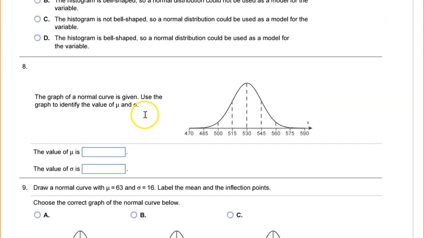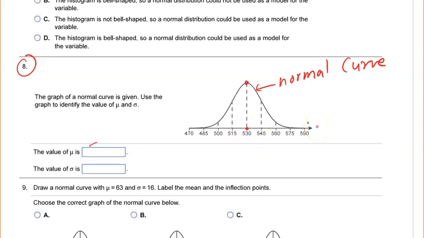Okay. Question number 8. The graph of the normal curve is given. This is the normal curve, not the standard normal curve, because we have data here and the mean is 530, not 0. If the mean is 0, this is called the standard normal curve, as you know before. And what's the value of mu? Mu corresponds to this point here.